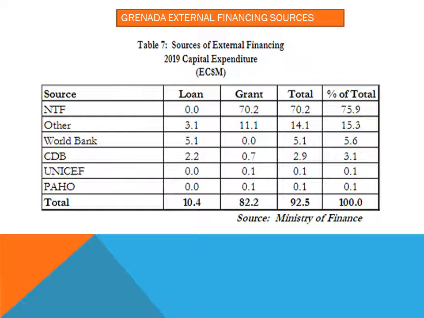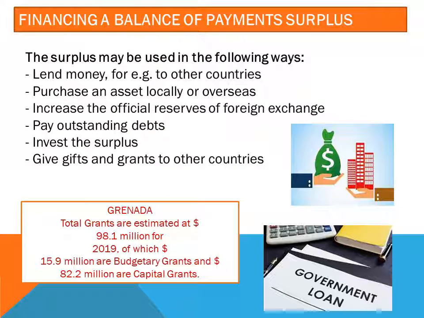And then they have other there. I'm not sure what the other is. The budget might be able to break that down. 3.1, so 10.4 million in loans in 2019. Then we had grants of 82.2 million. So luckily we had more grants than loans, right, to help finance our capital expenditure.